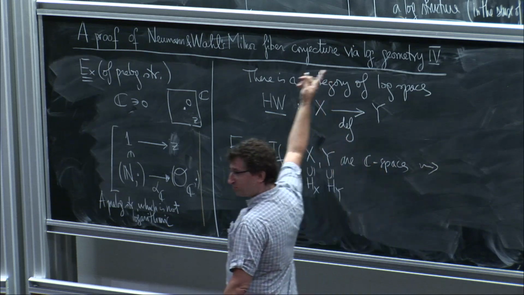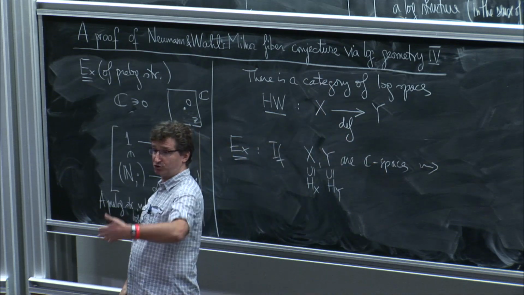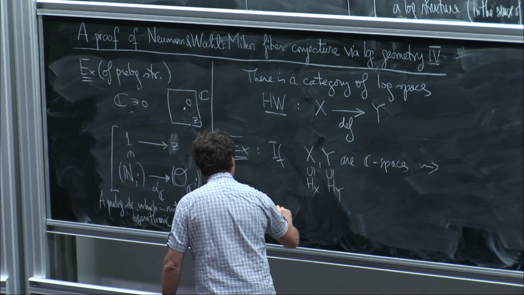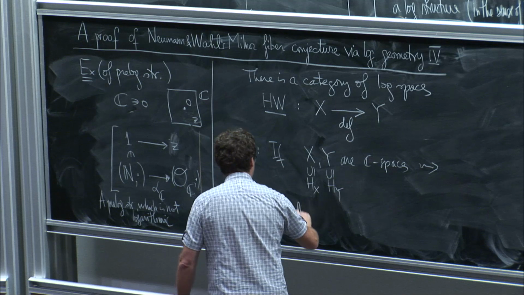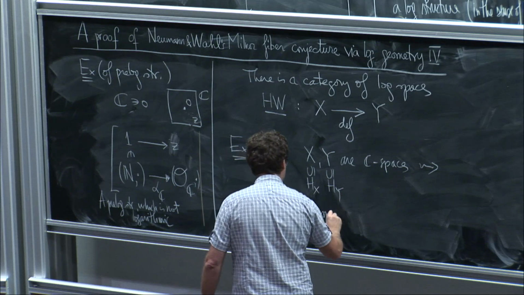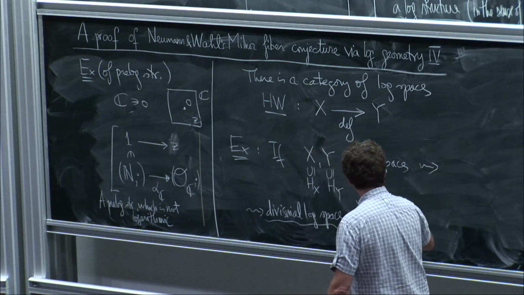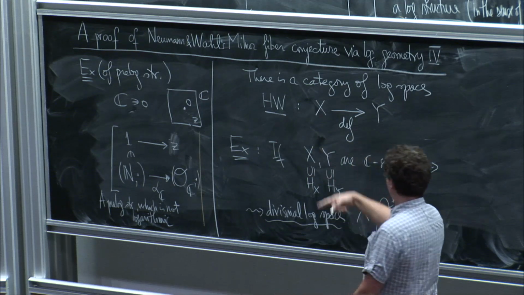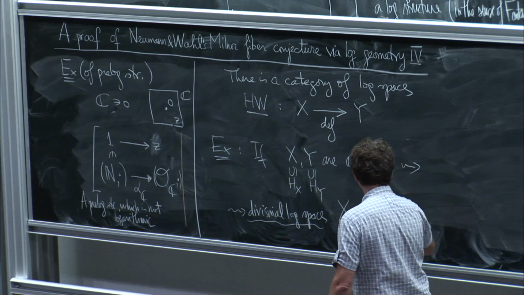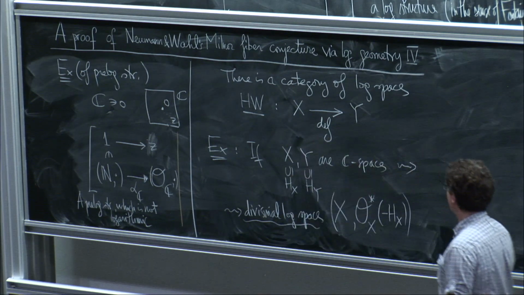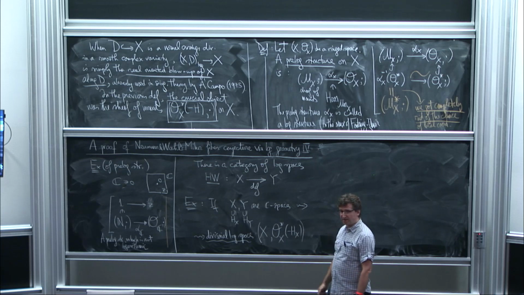Then, as before, one can define associated log spaces, which are called divisorial log spaces. On the first one puts this sheaf of monoids with the usual inclusion. And the same for Y. Okay.